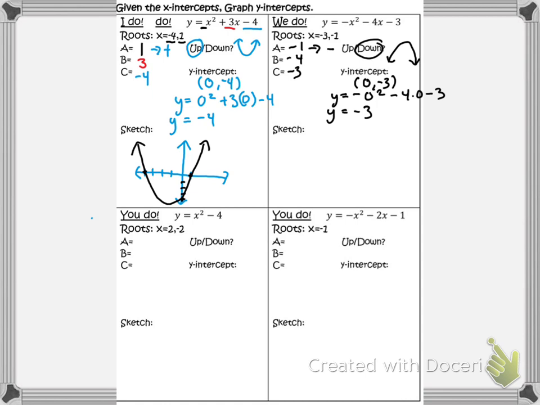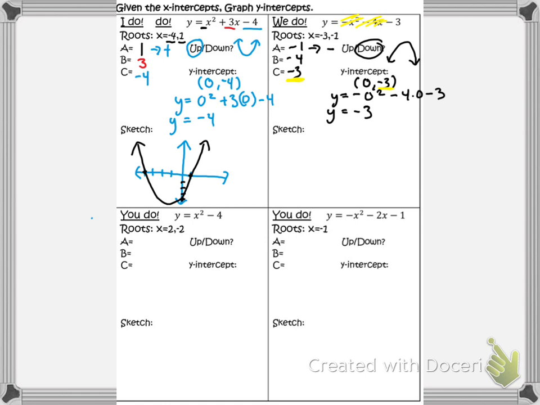I know we could just plug in 0 and find the numbers, but does anybody see a pattern? If you typed in the y-intercept is the C value, you are correct. I was hoping you guys would see that. So here's my C value of negative 3, and here's the y value. Because when we plug in the 0 for our equation, these two numbers cancel out, and we're just left with our C value.